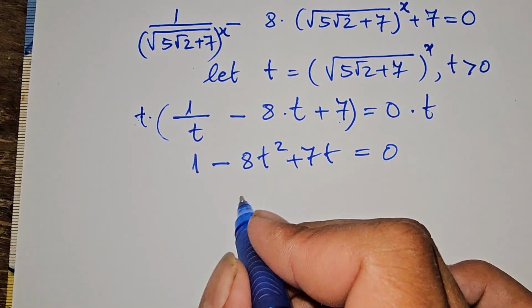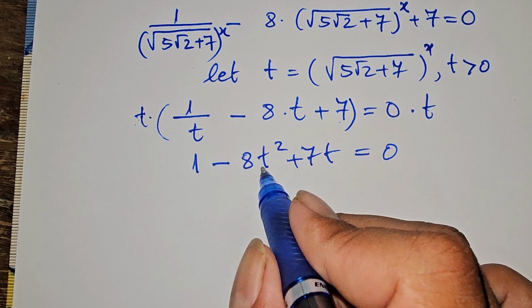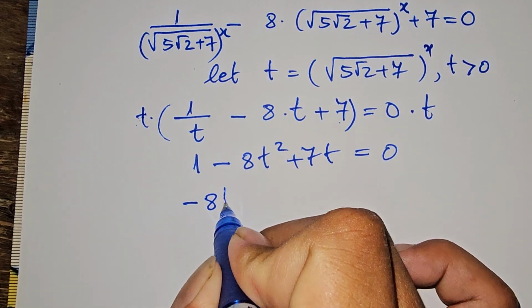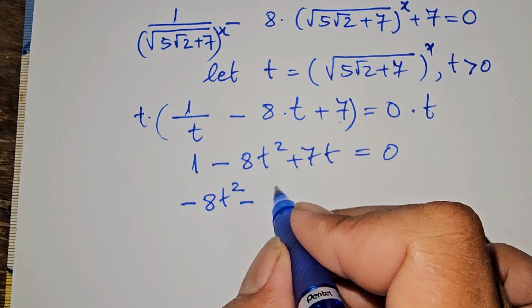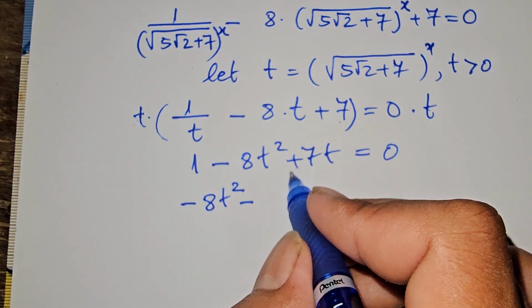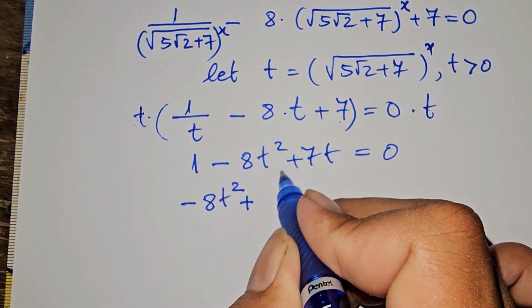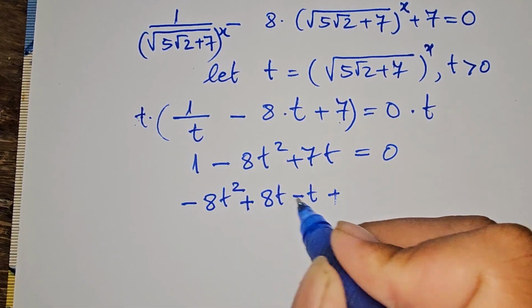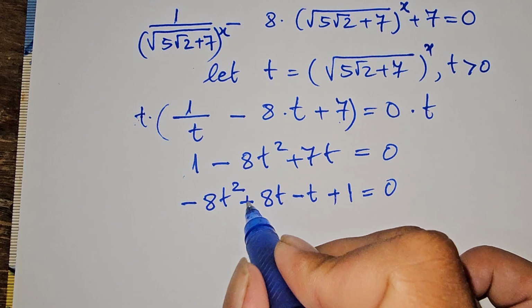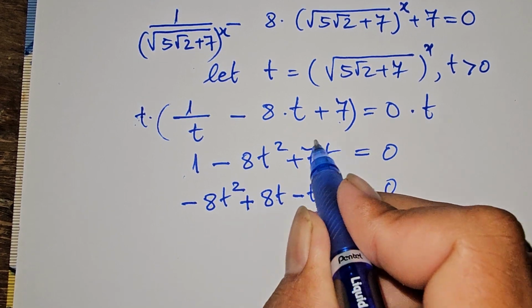Or it can be negative 8t² plus 8t, minus 7t, plus 1 equals 0, because 8t minus t equals 7t.